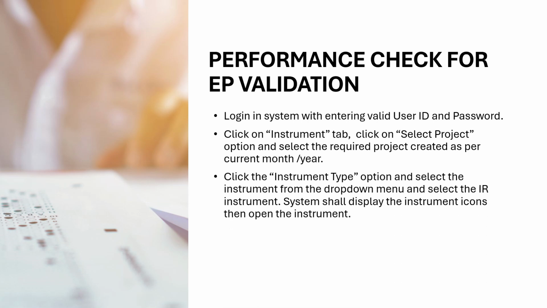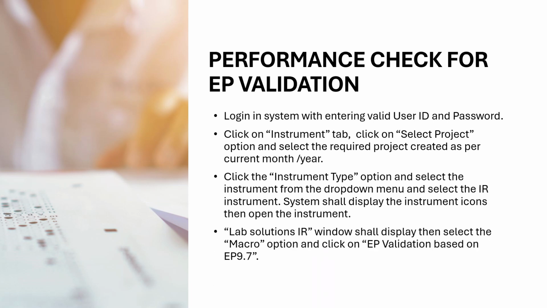And after that there will be the option of instrument type, right? Click on that instrument type option, and from the drop down menu select the IR instrument. You have to select the IR instrument from the software system, and there will be an option called LabSolution IR.